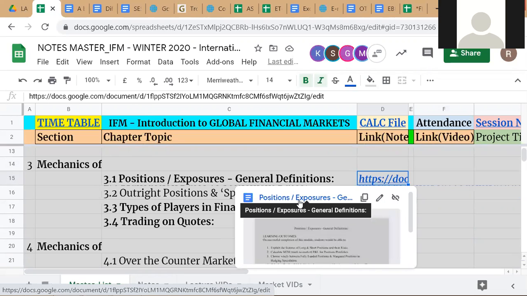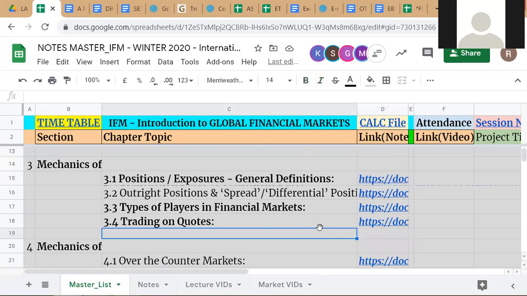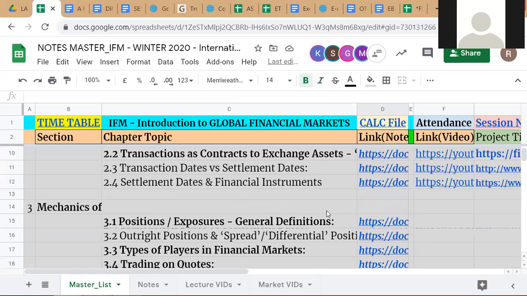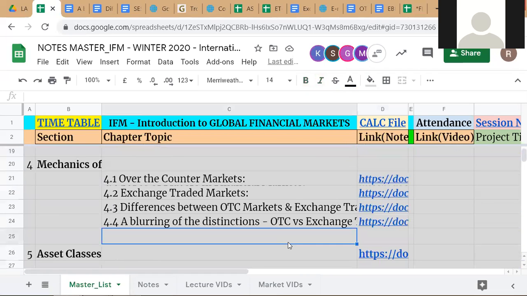Is that what you're saying? Yes, sir. Okay. I'll make sure that this is taken care of. Just give me a little time. Maybe by end of today I'll finish everything. It may take a little bit of time. I'll try and do it right now itself. I'll make sure all these documents that are referred to in this entire set of notes are back in your folder. Then you can access it. Okay, I'll take care of that.